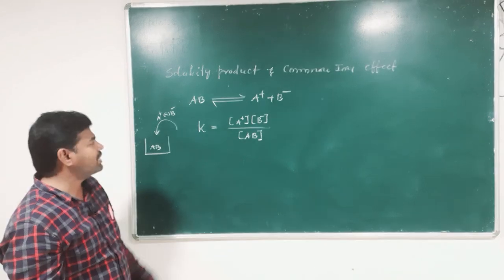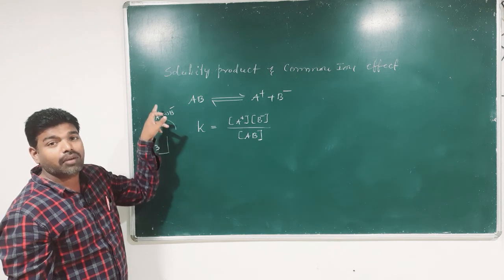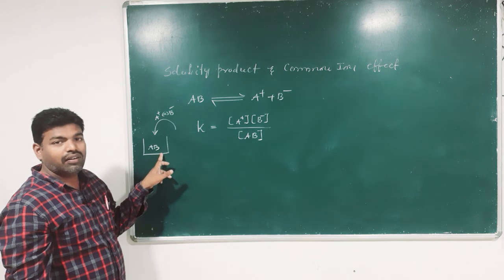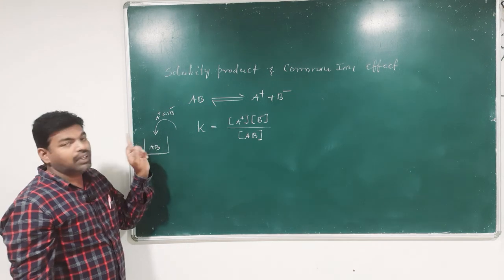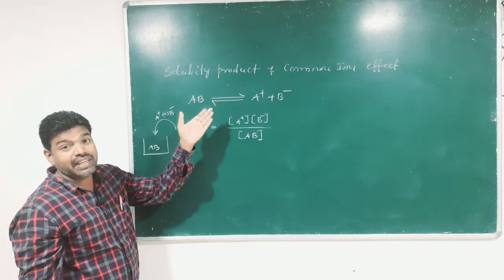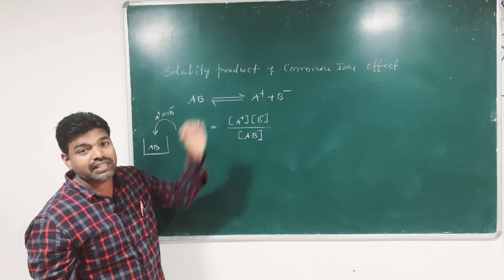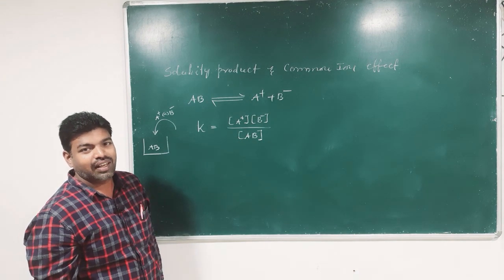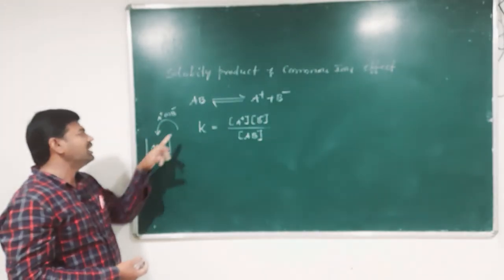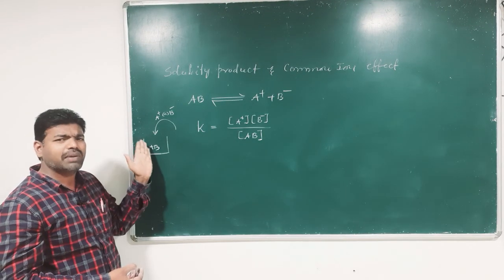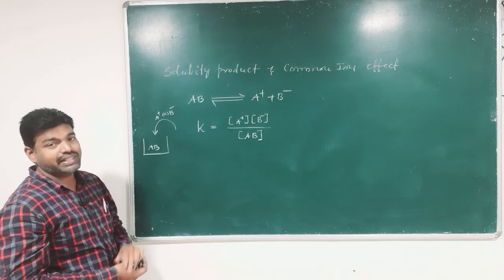I repeat, when we add another electrolyte furnishing A plus ions or B minus ions to this weak electrolyte solution, the concentration of either A plus ions or B minus ions increases. You can understand easily, when we add A plus or B minus ions to the solution, their concentration increases. It is a general phenomenon.